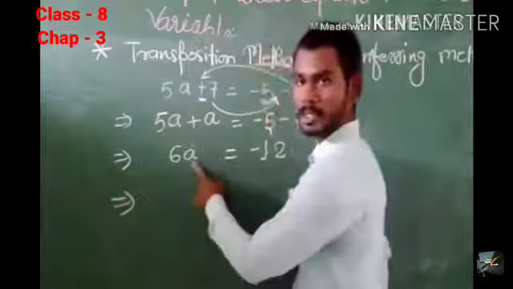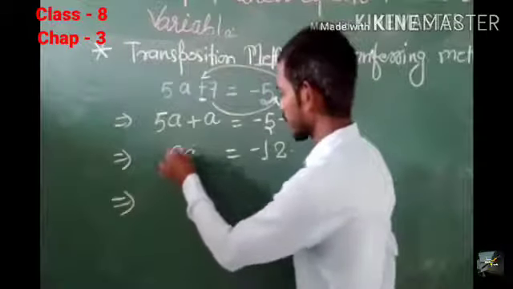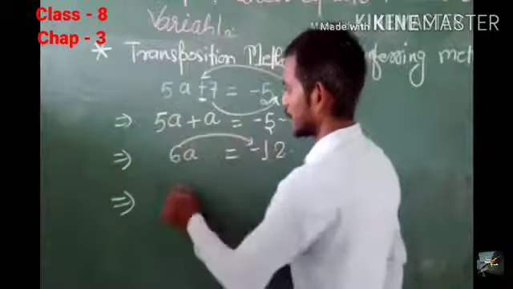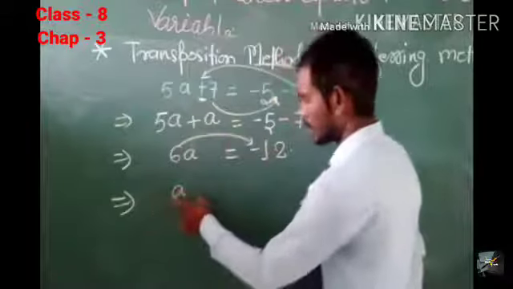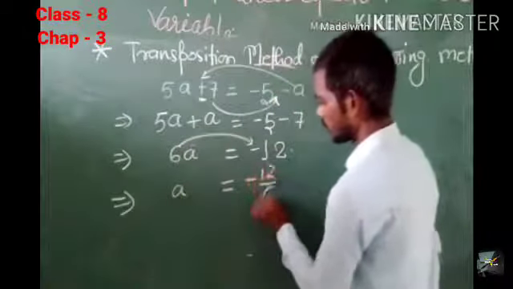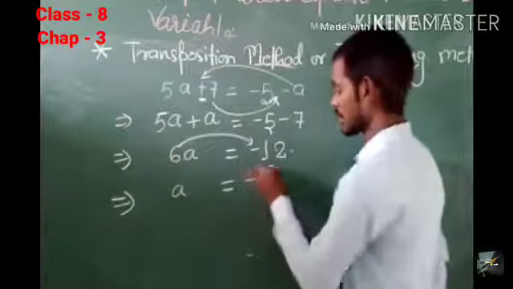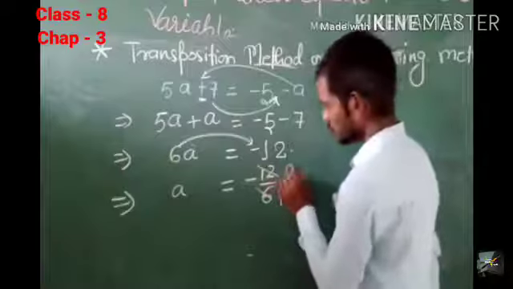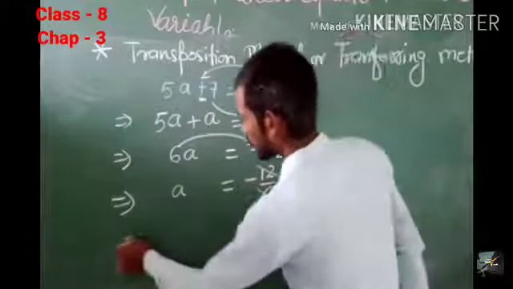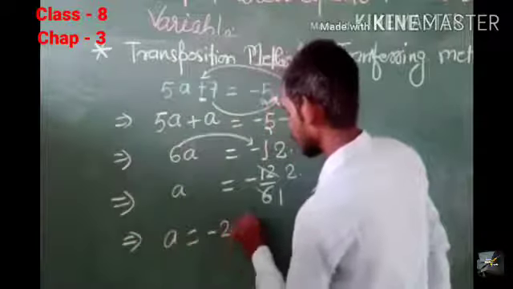Here we can see that 6 is multiplied with a. So when 6 goes to the right hand side, it becomes a divisor and we have a is equal to minus 12 upon 6. 6 multiplied by 1 is equal to 6, 6 multiplied by 2 is equal to 12. So we have a is equal to minus 2.